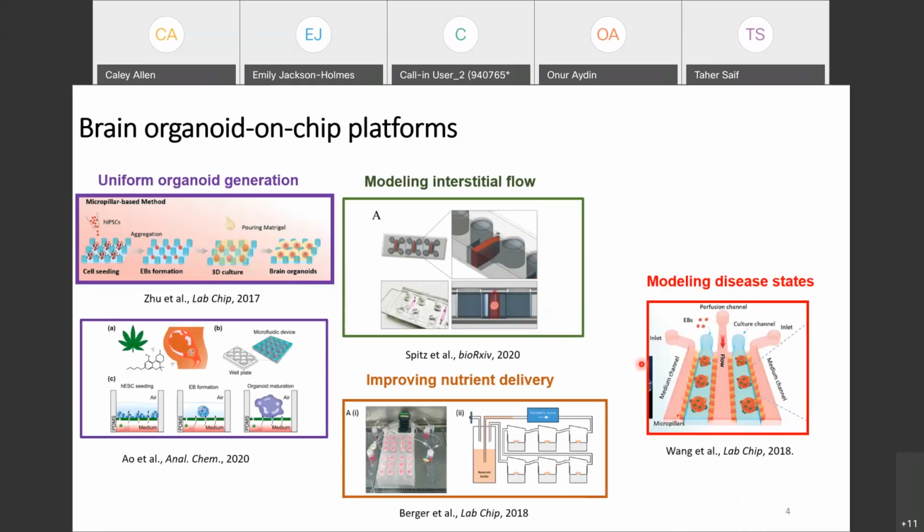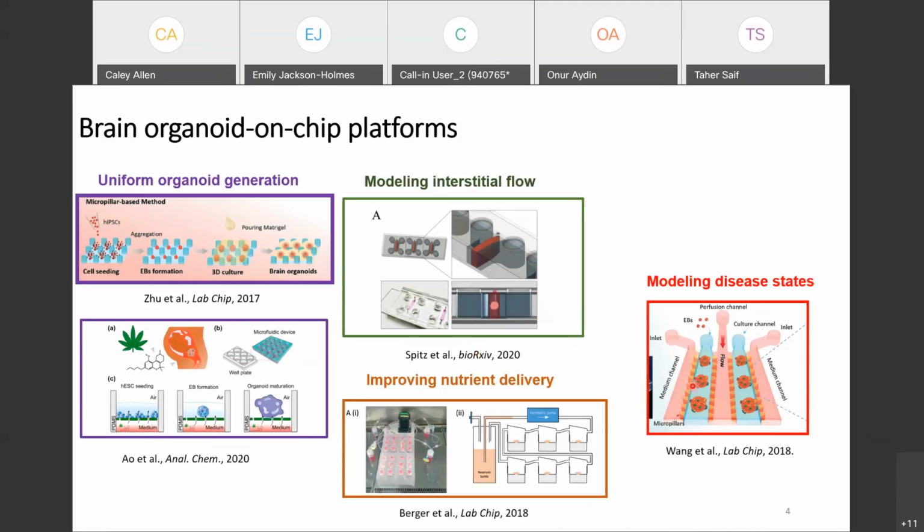So I'm giving an overview of brain organoid and chip platforms and what they've been used for, or the kinds of questions they've been used to address, particularly in the organoid generation process from Chinhua Chin's lab. You can see that they've developed platforms for large-scale production of these organoids, as well as for looking at various disease modeling.